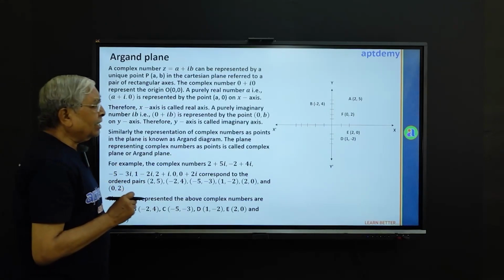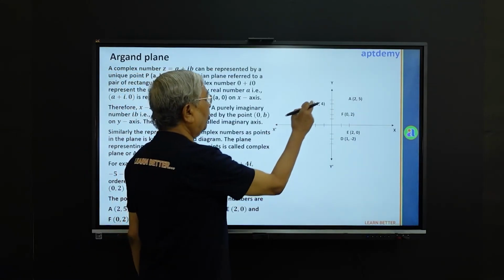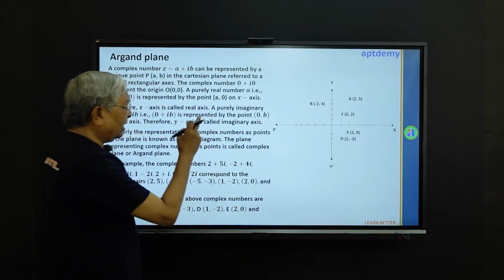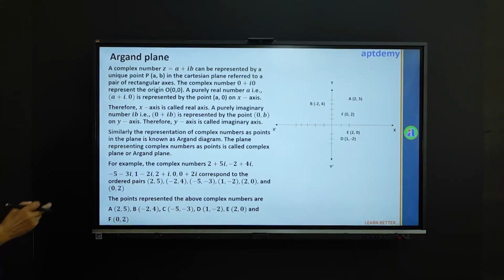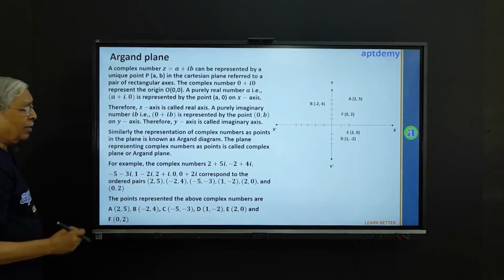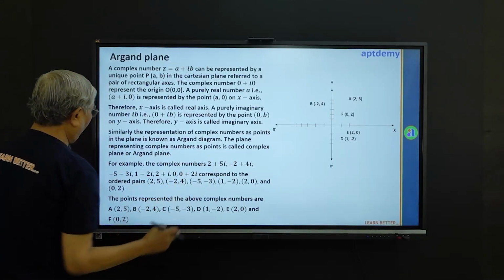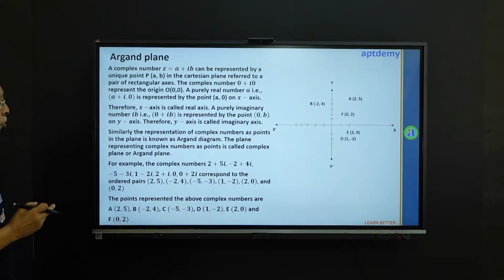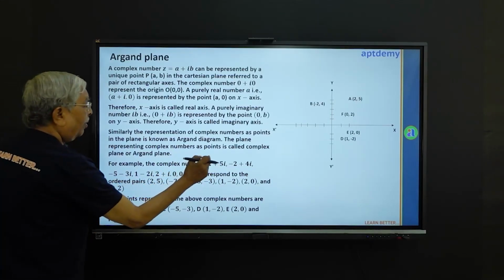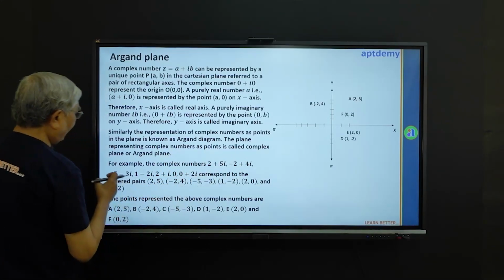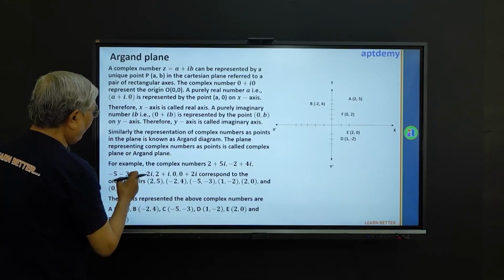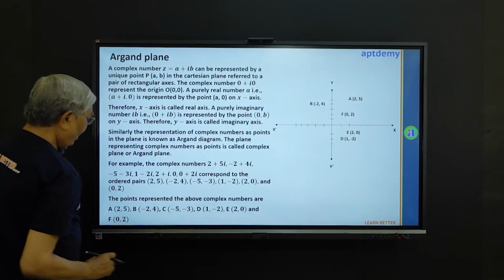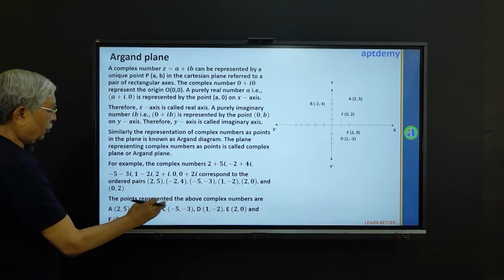So on the y-axis, this point will be (0, b), and on the x-axis the point will be (a, 0). For example, the complex numbers 2 plus 5i, minus 2 plus 4i, the ordered pairs will be (2, 5), (minus 2, 4), like this. Here minus 5 minus 3i, 1 minus 2i means (1, minus 2), like this. The points are in this form.